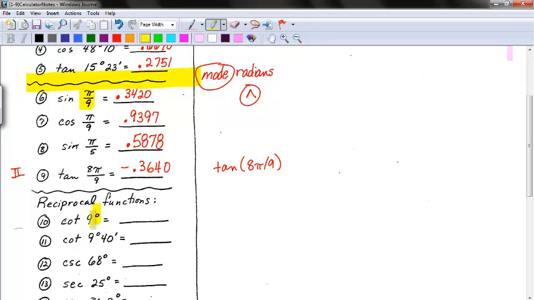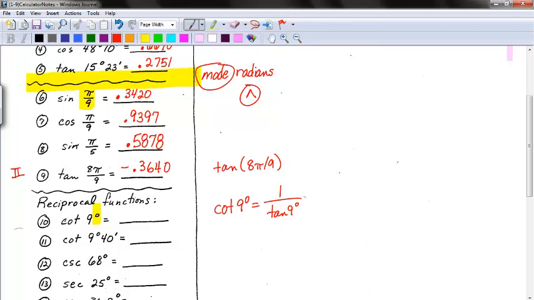Now, on this one I usually write this out. Cotangent is a reciprocal with tangent. So cotangent of 9 degrees is the same as 1 over the tangent of 9 degrees. There's 2 ways to put this in. First way is to just do tangent of 9. First check your mode. We're in degrees. Do tangent of 9 and press enter.